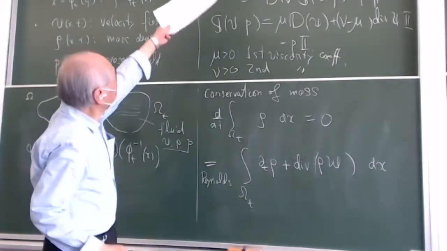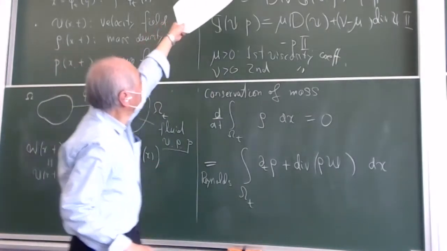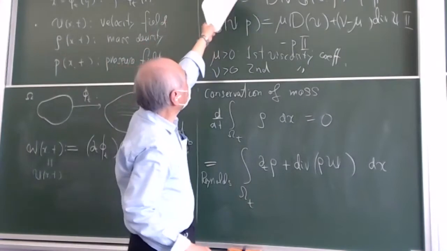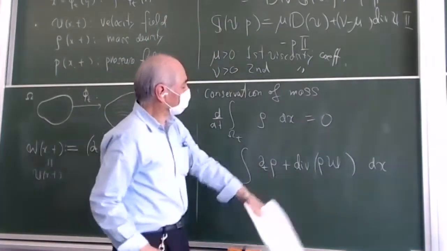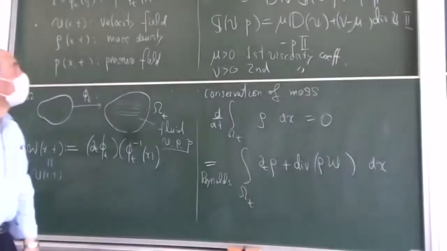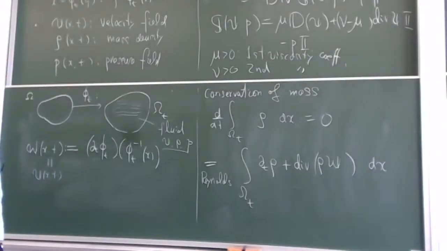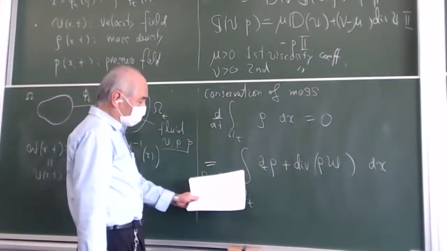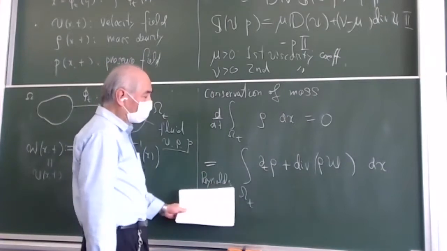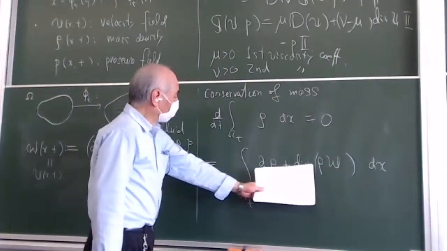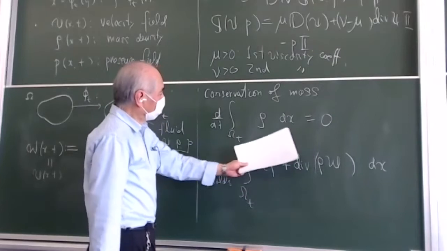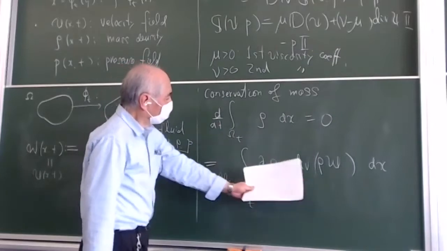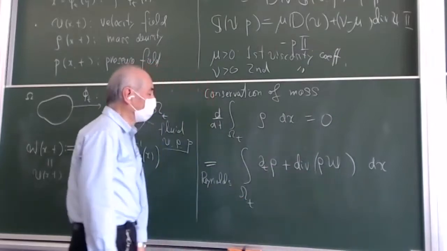So if you look at the first line of the mass conservation, v and w are different. This is because of the Reynolds transport theorem: just the time derivative enters here, and you get this one.